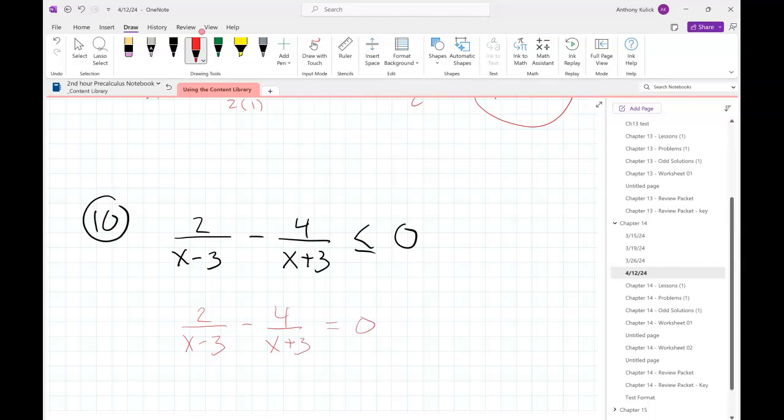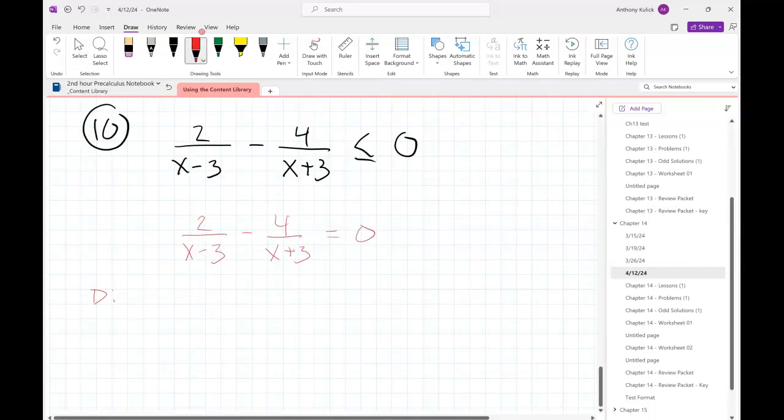Now, the problem with getting rid of the fractions is I care not only about where this is equal to 0, but also where it's undefined, right? So I'm going to do my discontinuities right now. What do those discontinuities have to be? Three and negative 3. The things that can give me a 0 denominator, the things that would make it undefined.